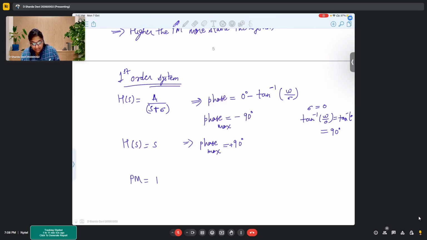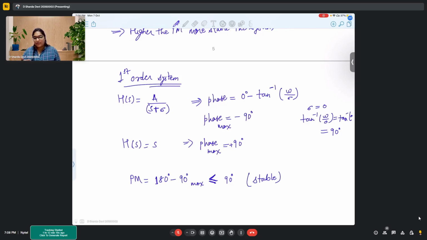So if you have to calculate the phase margin, it is always 180 minus 90 degrees at most. That means your phase margin would be greater than or equal to 90 degrees, correct? This is definitely the maximum phase margin that you can obtain, and it is definitely a positive value. So this gives a stable system. That's why we say that first order systems are always stable.